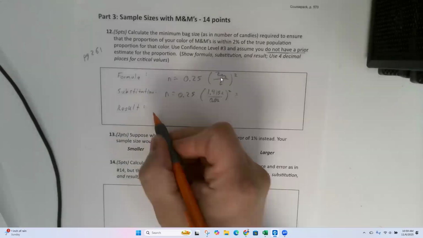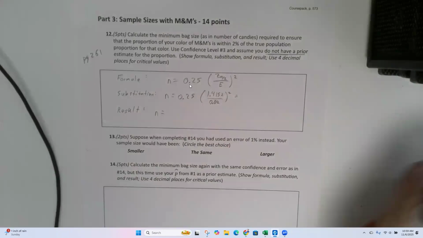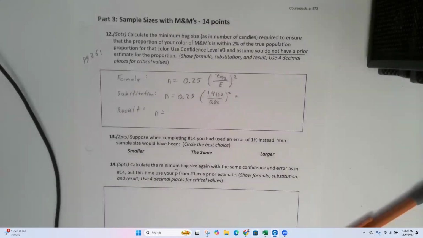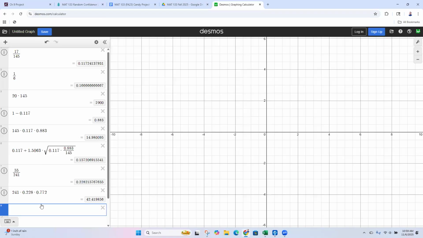So my result is going to be 0.25 times parenthesis 1.4152 divided by 0.02, close my parenthesis.